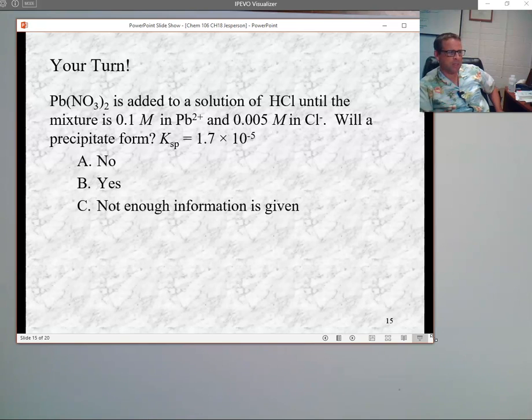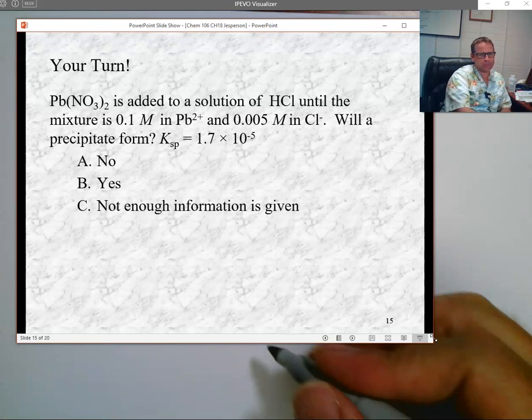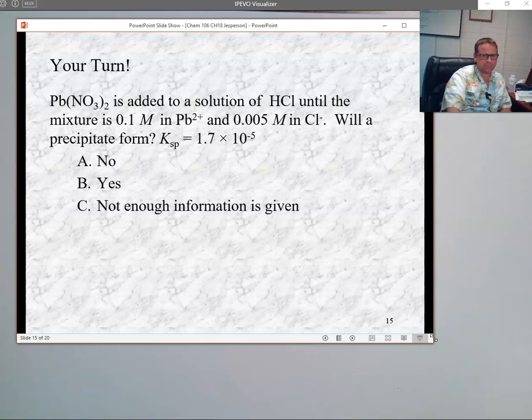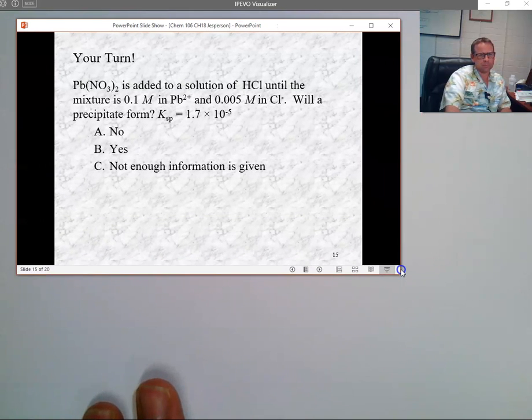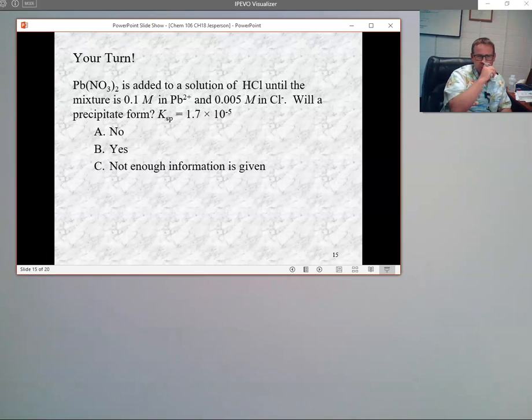Do you want to help me with this one, Alyssa? Sure. So I just wrote the equation to try to figure out what's happening. I have Pb(NO3)2 plus HCl forming PbCl2. Do we need to balance this equation?